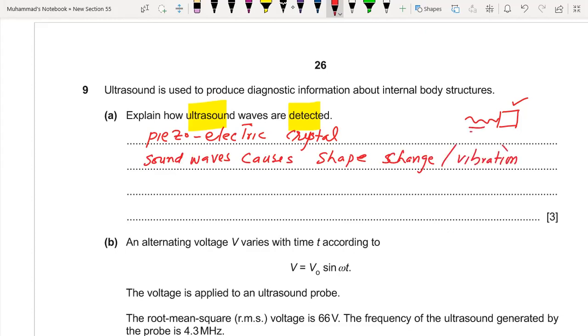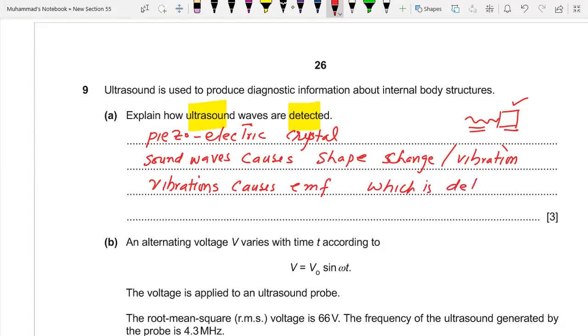So as sound waves strike with that, it vibrates, and the vibration causes or generates an EMF, an electrical signal, which is detected.